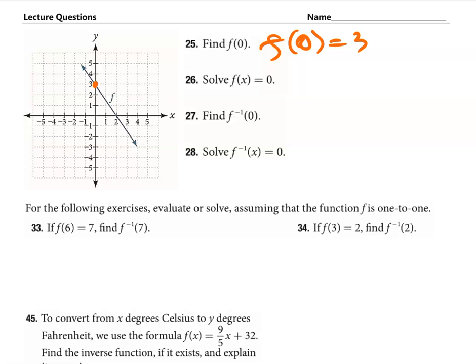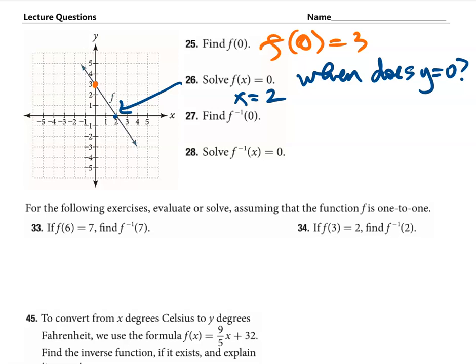And to do that, meaning when does y equal 0? So this one, f of x is equal to 0, meaning when does y equal 0? That is when x is equal to 2. So that's number 26.